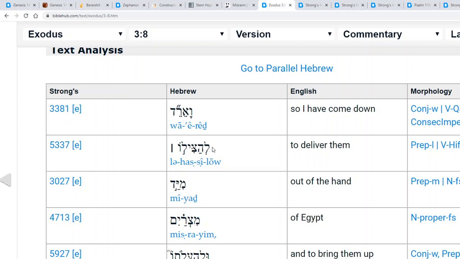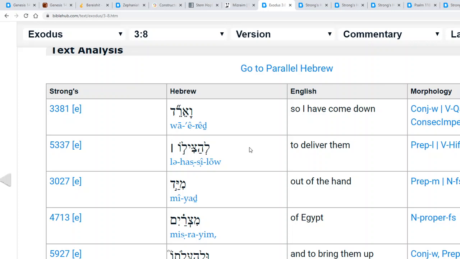Lehatzilo, which is basically the infinitive of the hefil, which is again possibly a two-letter root. Tzadik Lamed is definitely part of the two-letter root.